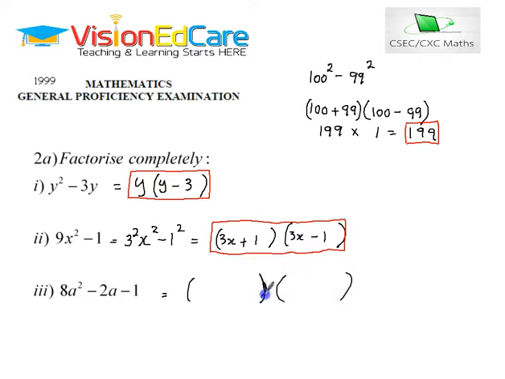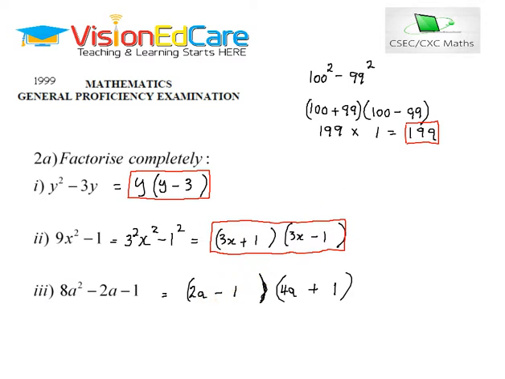So you should get 2a and 4a here, because when you multiply them you get 8a squared, and then we're going to have 2a minus 1 and 4a plus 1. When you expand this, you should get the answer there. For those people who can't figure out how we get the answer, I'm going to explain it.